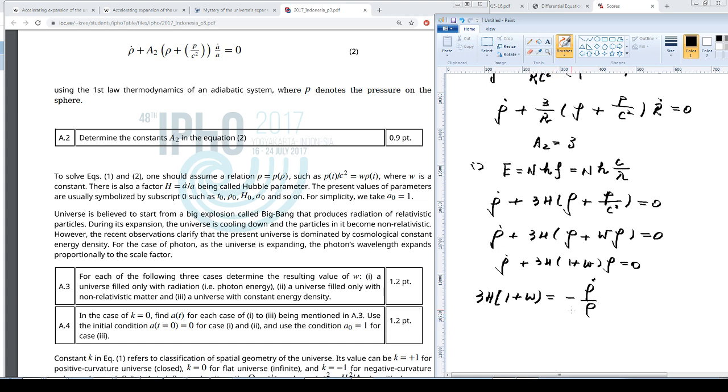If we integrate this, rho is some rho naught, maybe, e to the negative 3h1 plus w t.